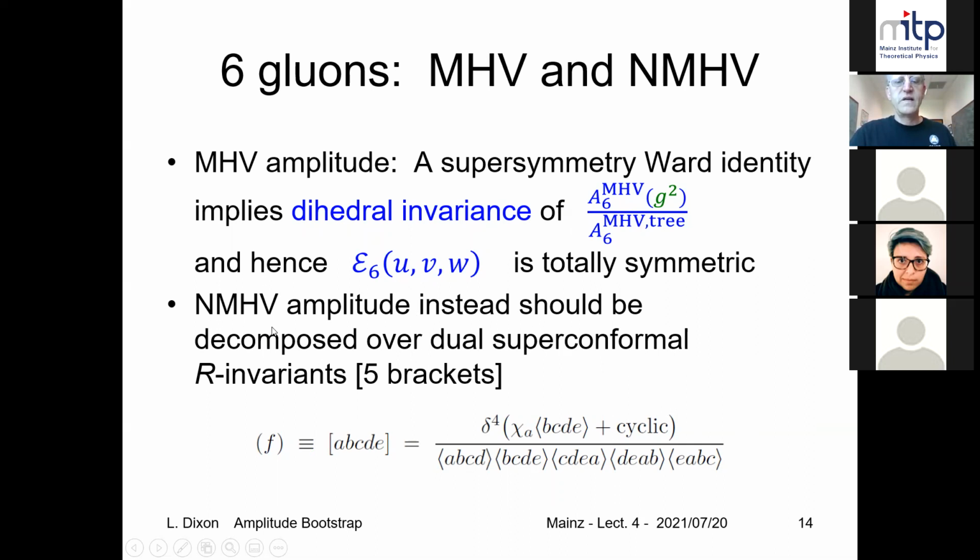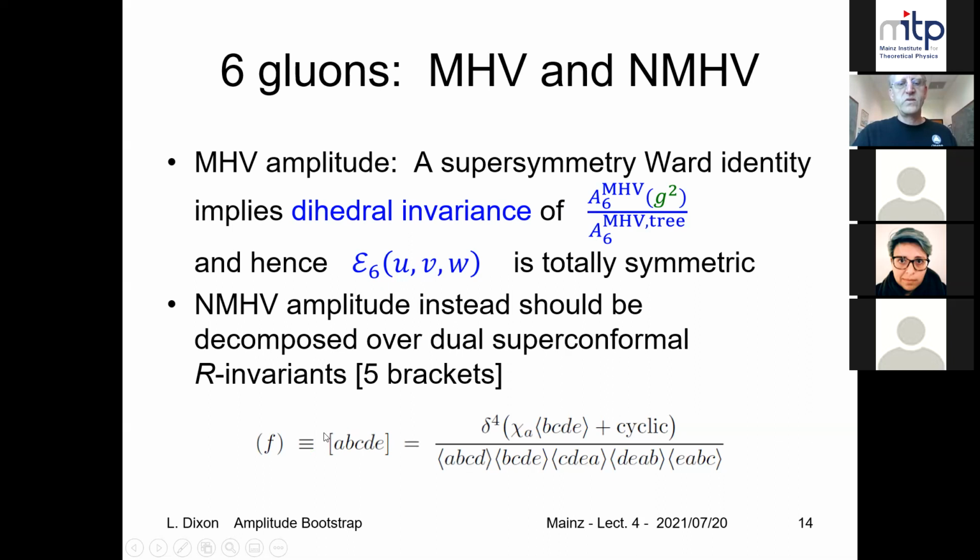But the NMHV amplitude has an additional, more complicated delta function that appears, and more of them. So these dual superconformal R invariants, or 5 brackets, contain all of the rational structure in the NMHV amplitudes, whereas in the MHV amplitude, they're all proportional to the MHV tree.